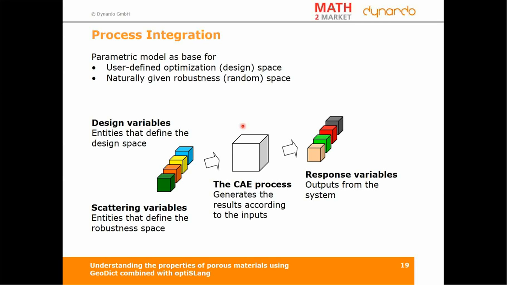And you have this simulation in control. And optiSLang is only changing design variables or scattering variables within this process to extract response variables. So design variables are the entities that define your design space where you can change the filter, and scattering variables would be variables which are influenced by production or random effects.